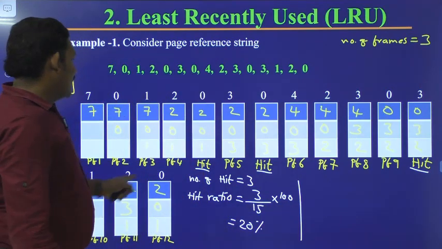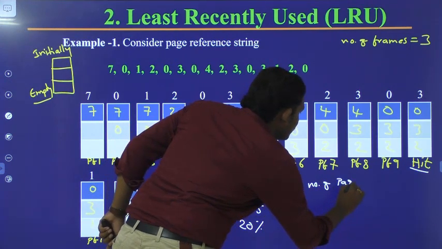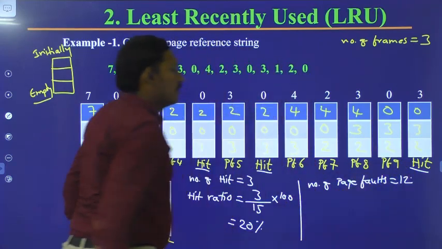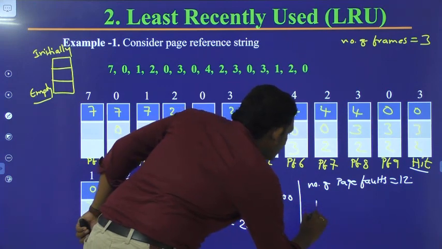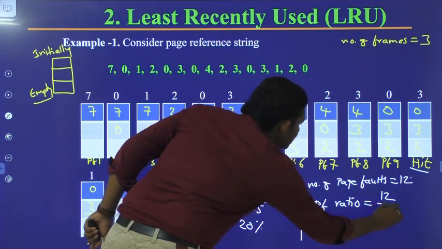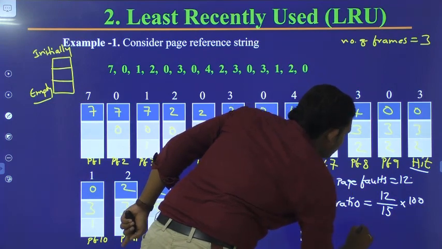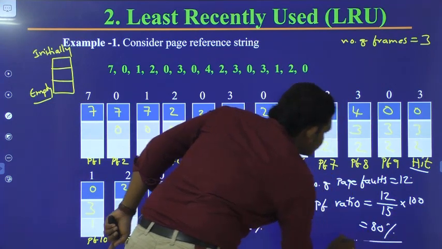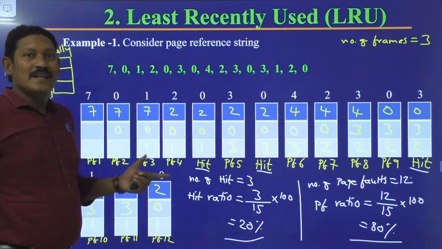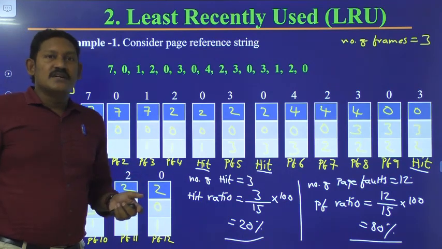Similarly, number of page faults are 12. So page fault ratio equals total number of page faults by total number of reference strings 15 into 100. So you will get 80%. So this is about least recently used. With this we will wind up the least recently used topic.